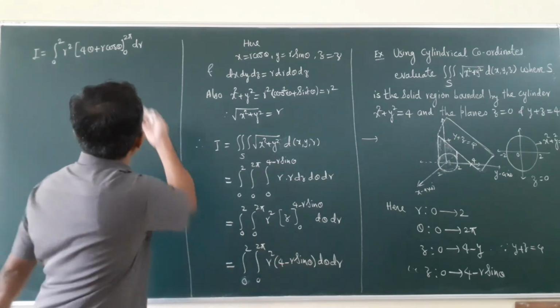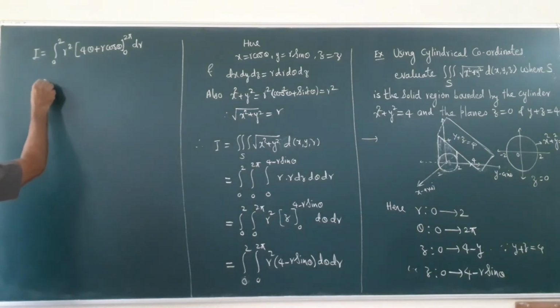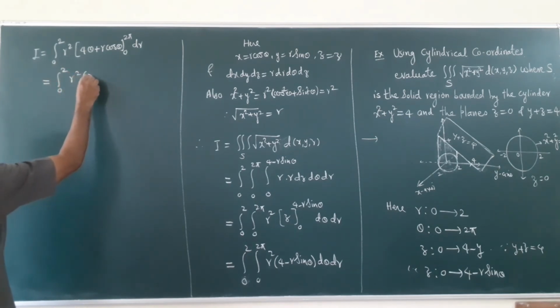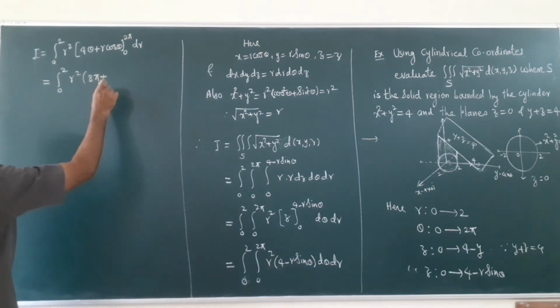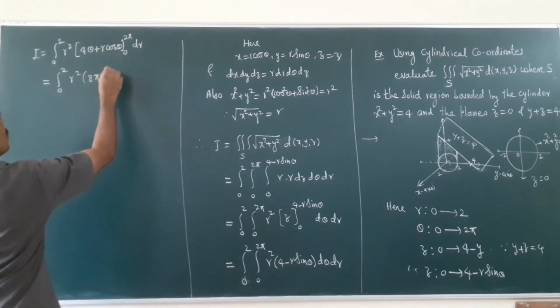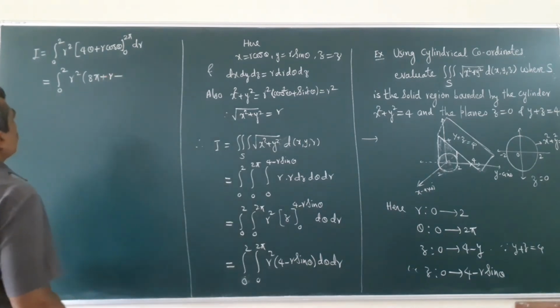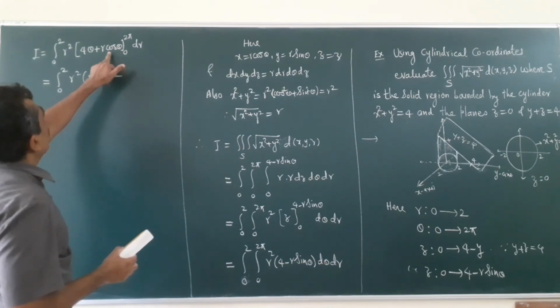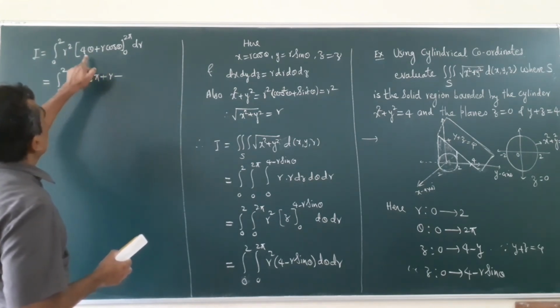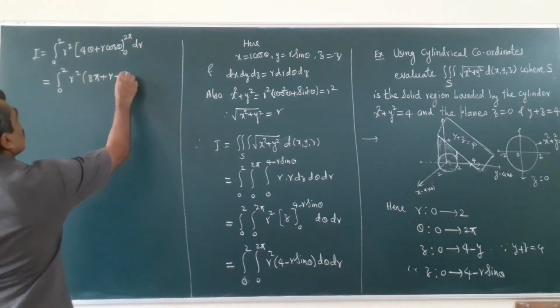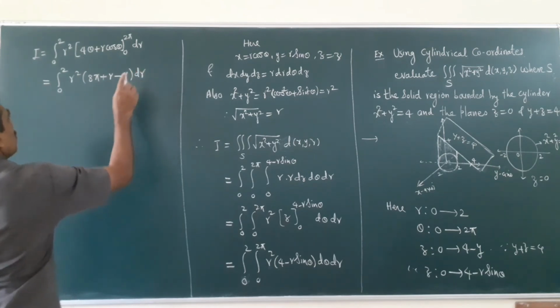So this is equal to the integral 0 to 2 of r square into 8 pi plus r cos of 2 pi, which is 1, so that is plus r. Now the lower limit: cos 0 is again 1, so that is minus r, dr.